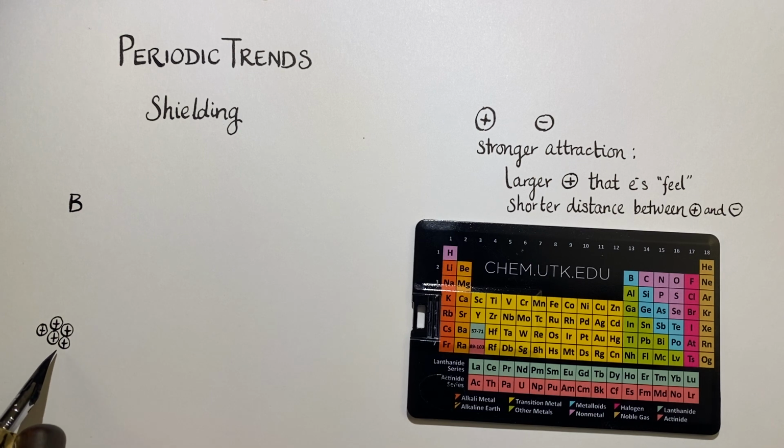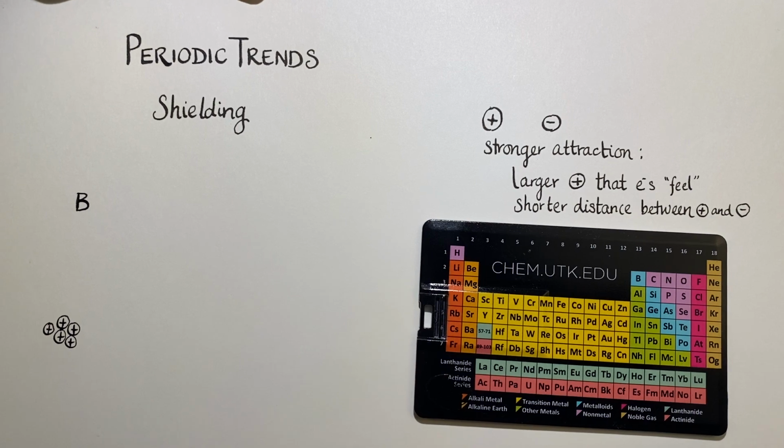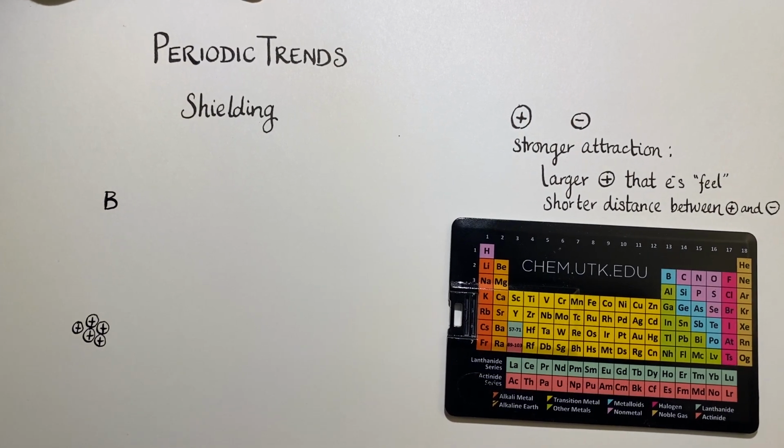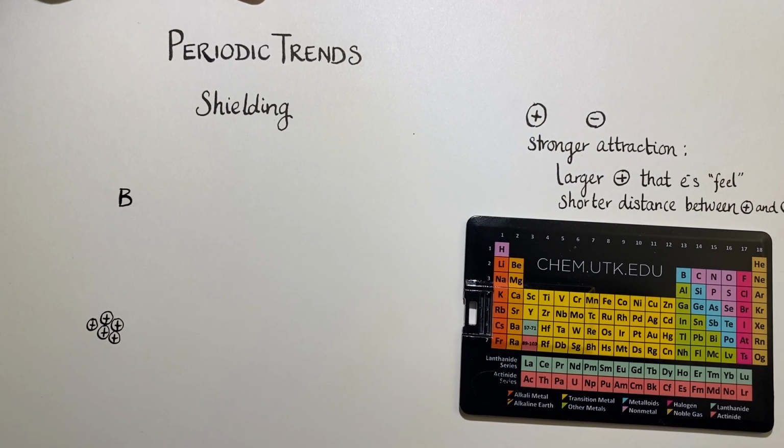Yes, there are also neutrons, but we're not going to talk about the neutrons right now since they're not charged. So we're just going to be looking at things that affect the attractive forces. Okay, what about electrons?